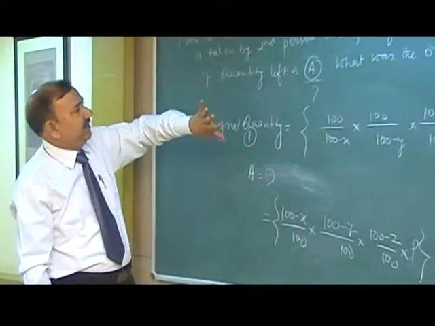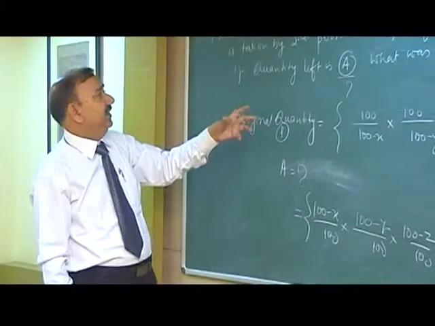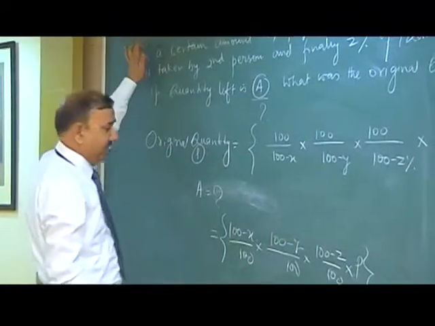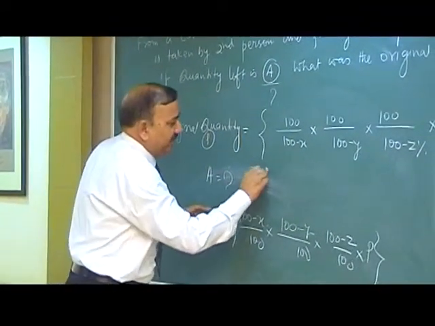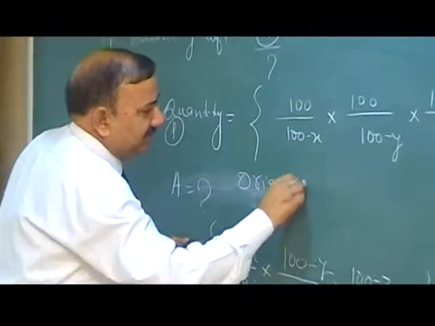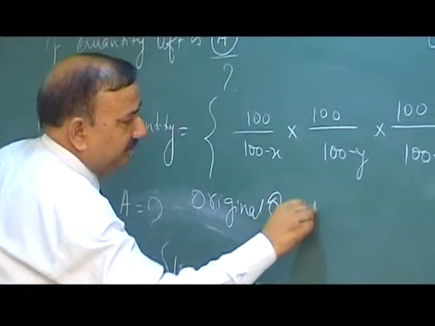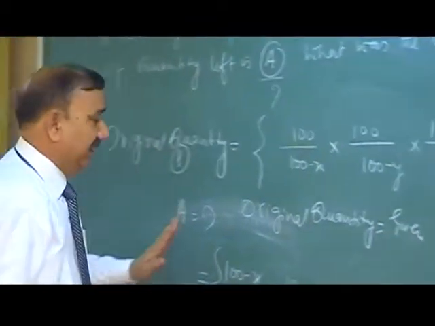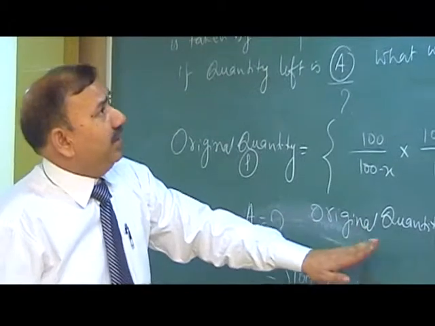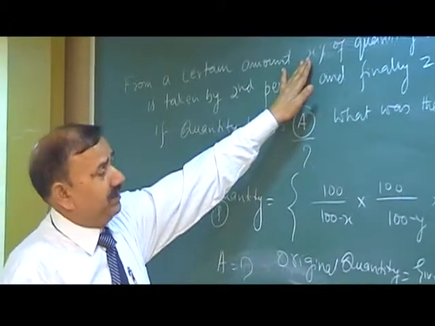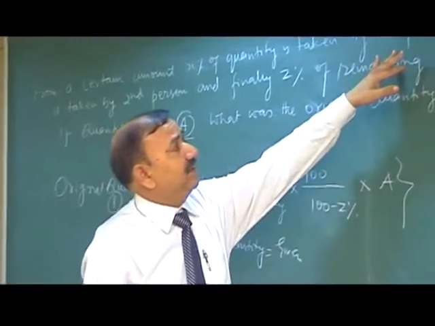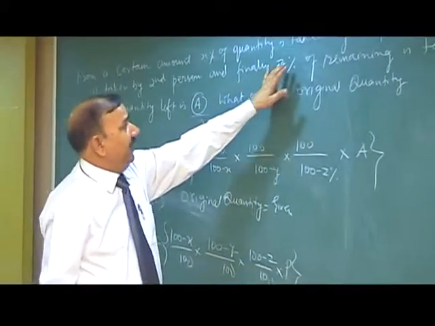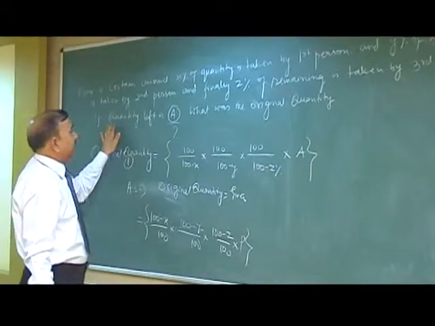And if the question is changed in a reverse way, that is, if we have to find the quantity left, the original quantity is given. They say we are donating X percent to the first person, Y percent of the remaining to the second person, and Z percent of the remaining to the third person, and then what is the quantity left?